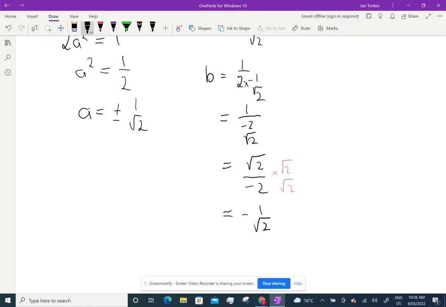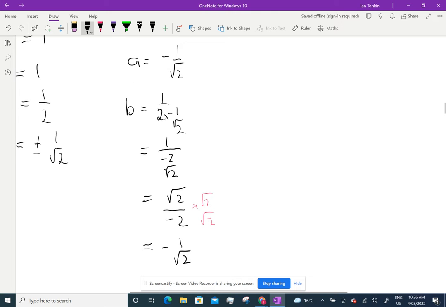Why did I want to write it that way? Because look at the way that a is written. I want to keep it like that because it's going to be very easy later on. Now, if a equals positive 1 on root 2, then b equals 1 on 2 times 1 on root 2. And we're going to do the same thing.